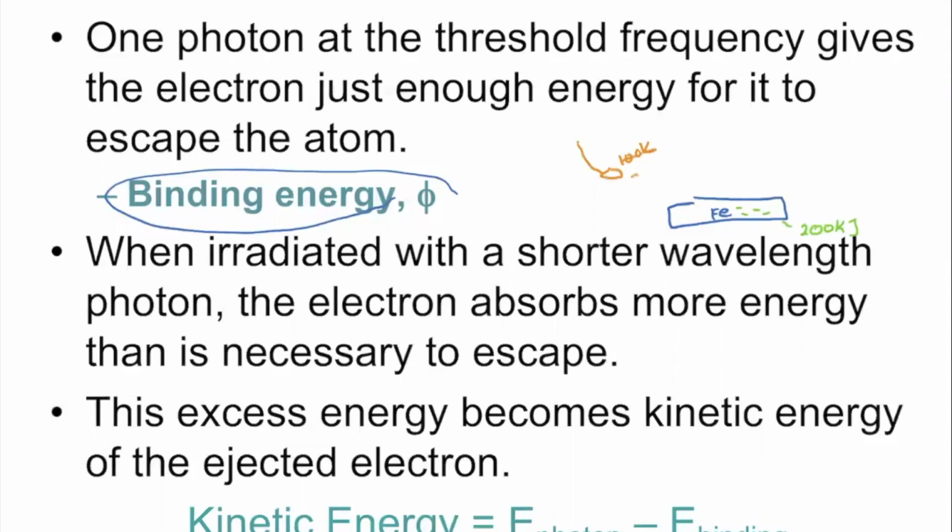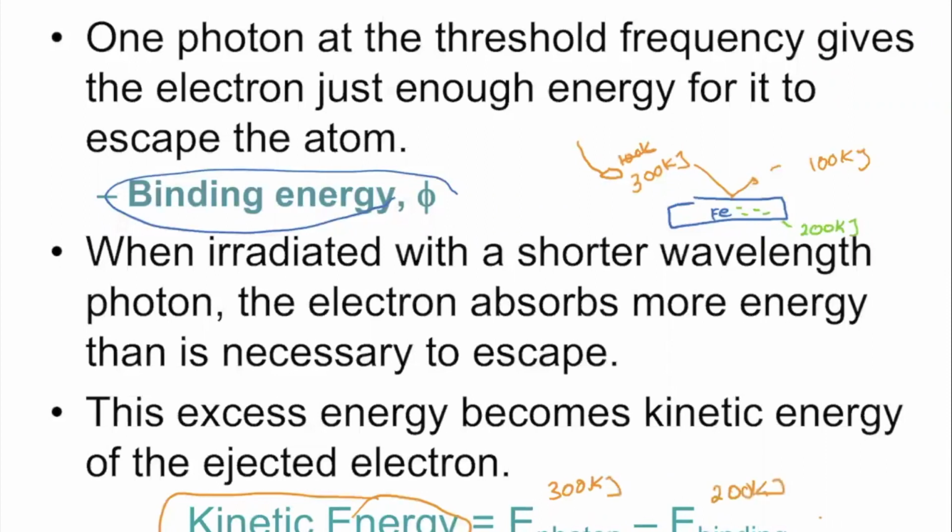However, if you hit it with 300 kilojoules, you're going to eject the electrons, and on top of that, you're going to have 100 kilojoules of energy left. That energy is going to be converted to kinetic energy. You can calculate the kinetic energy by taking the energy of the photon, in our case 300 kilojoules, minus the binding energy, which is 200 kilojoules.